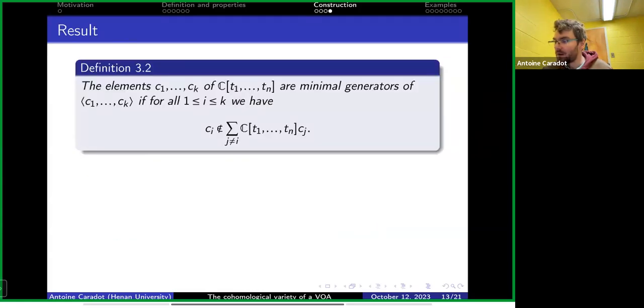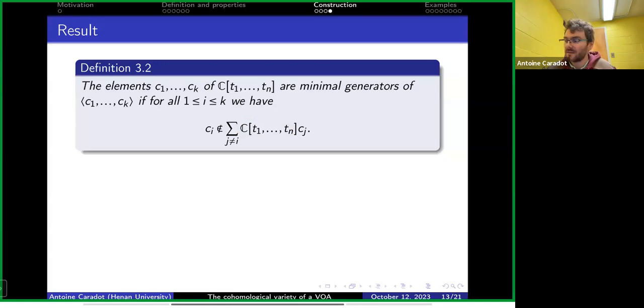So one more definition that I need to introduce is that if you have elements C1, ..., Ck in your polynomial ring, we say that they are minimal generators of the ideal they generate if you take any Ci, it won't be a linear combination with coefficients in your polynomial ring of your Cj.